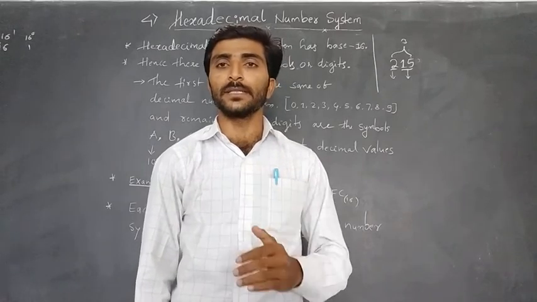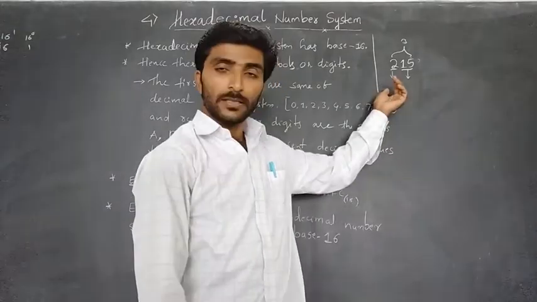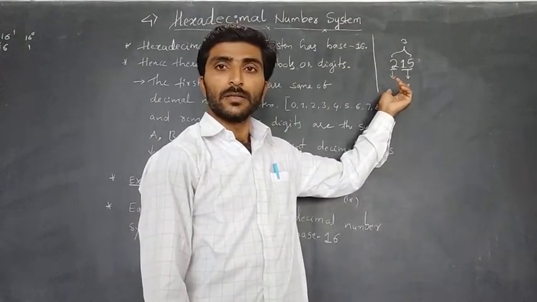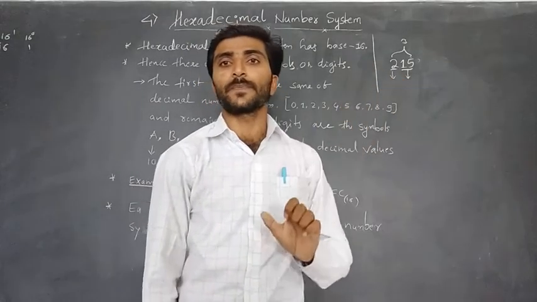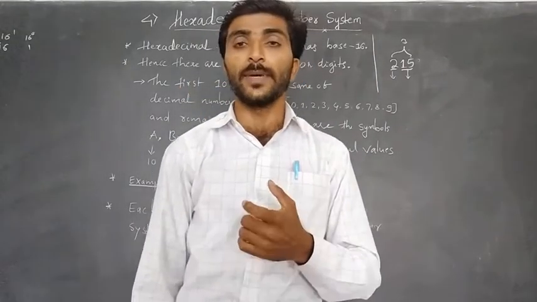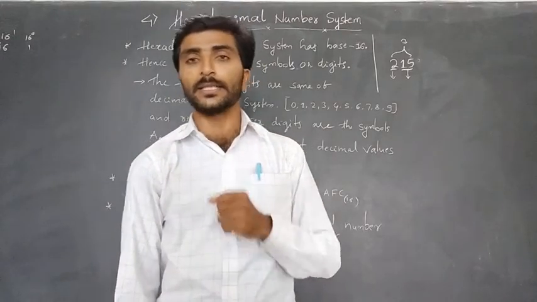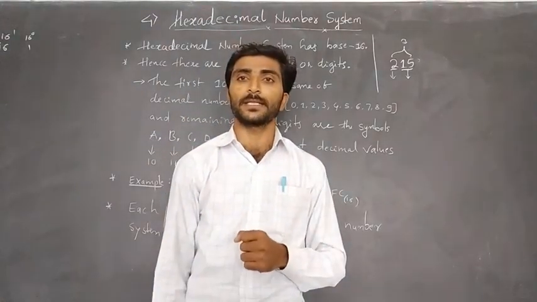To represent any number like this in hexadecimal, we have 16 symbols available in the hexadecimal number system. So let us discuss what we mean by the hexadecimal number system.